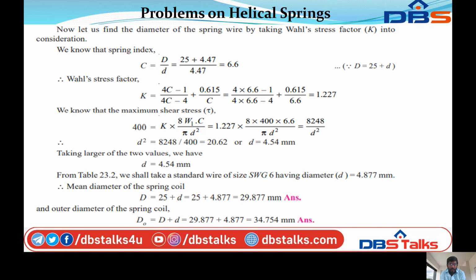So τ = 400 = 1.227 × 8 × W1 (400) × C (6.6) divided by π × d², which finally works out to 8248 by d². By cross multiplication, d² is equal to 8248 divided by 400.